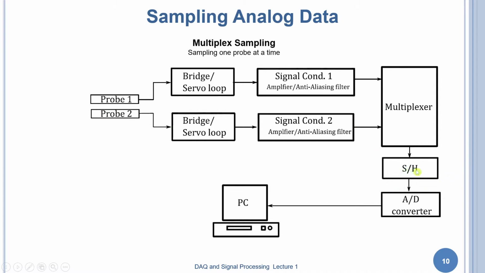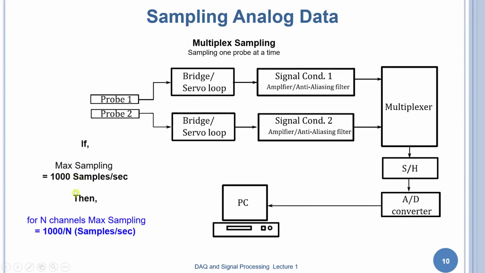In this case, first probe 1 is sampled, then that data is held, then while the second probe is sampled, the data is transferred to be converted into a digital one. So you can see here there is a delay between sampling across probe 1 and probe 2.